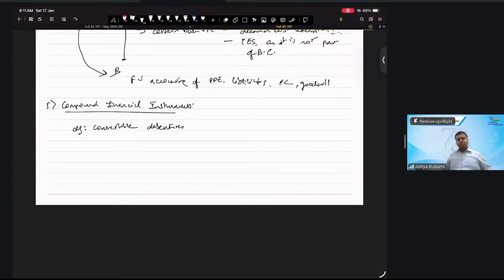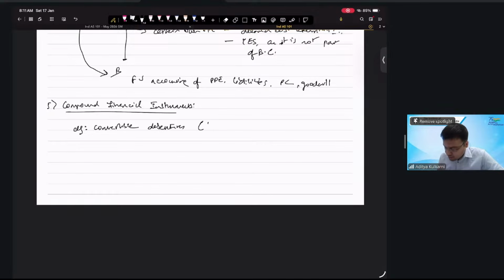Let us suppose these are optionally convertible. Okay. Now, how would you show this under old standards? Under accounting standards, this would be part of loan. Yes or no?